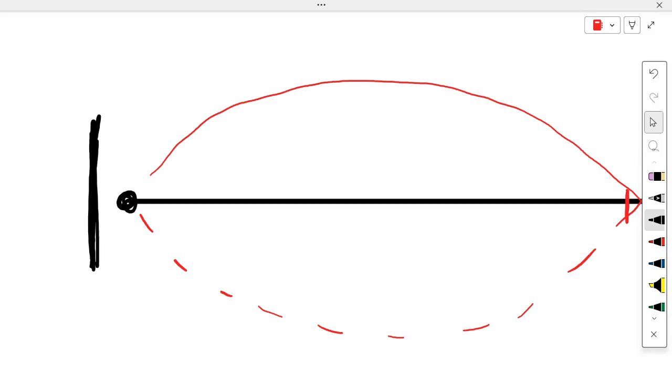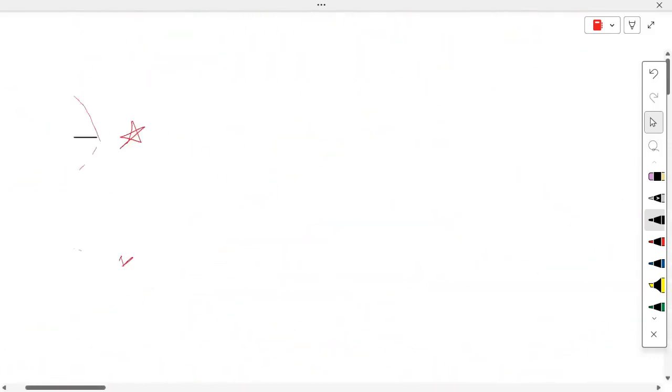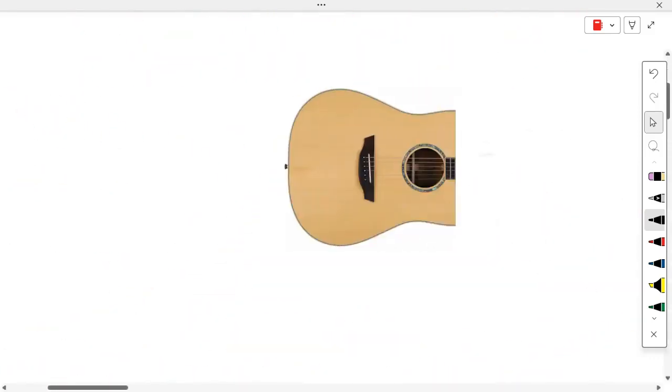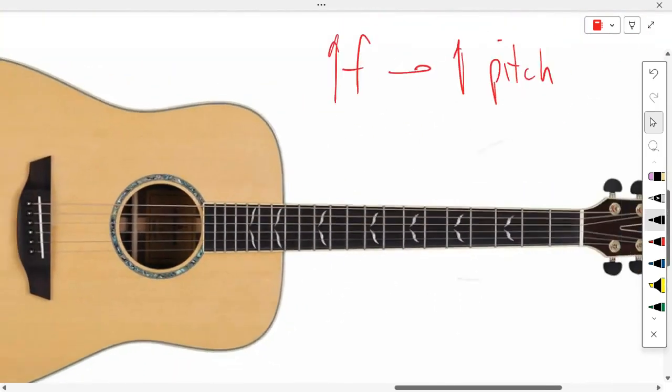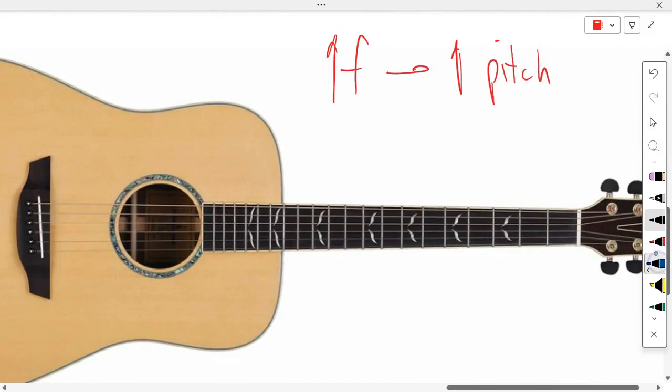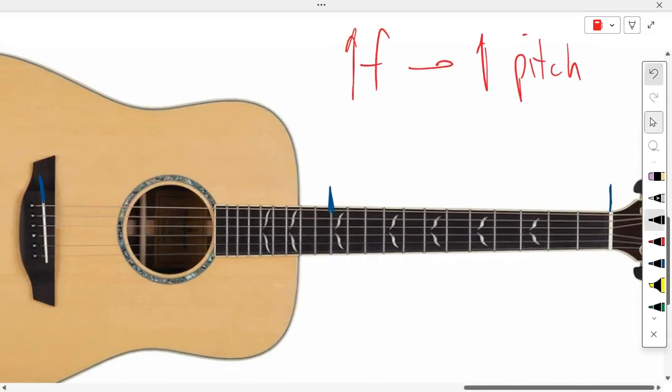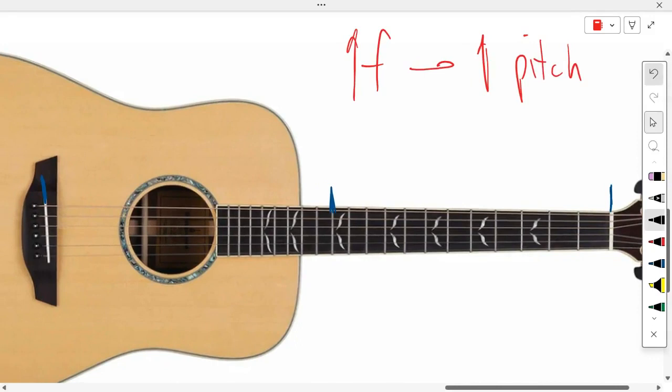Let's see if we can figure out this scale, and I mean the spatial scale. If I just want to make half of this string vibrate, where's the middle? Well, guess what? The middle is right there. I promise you it's right there.